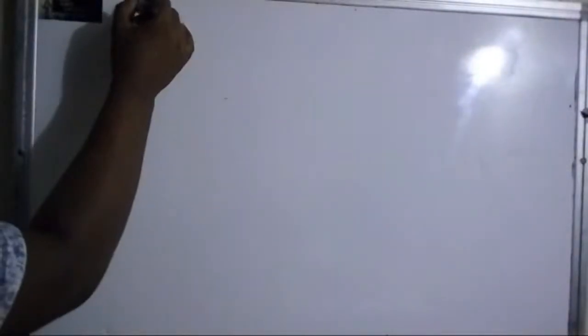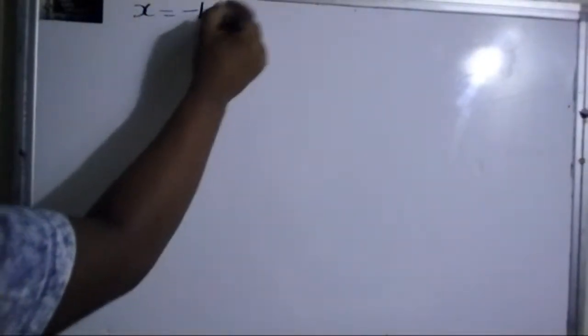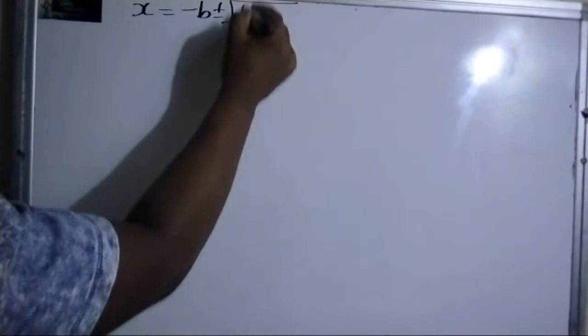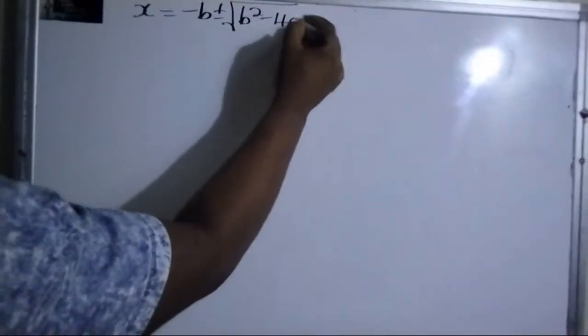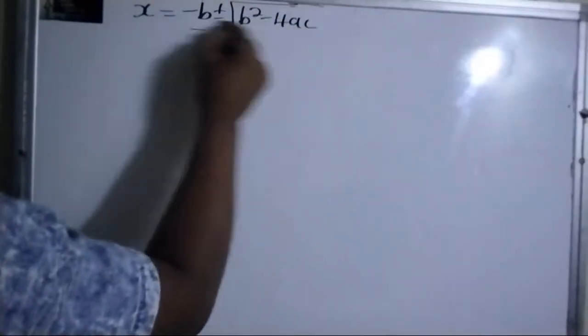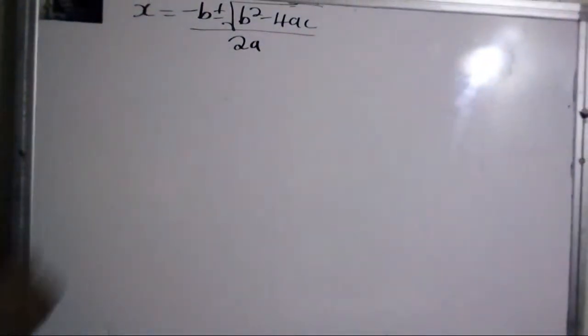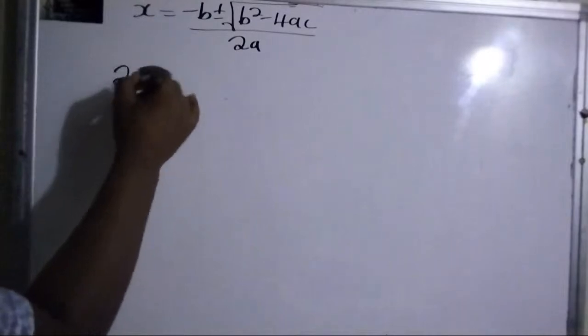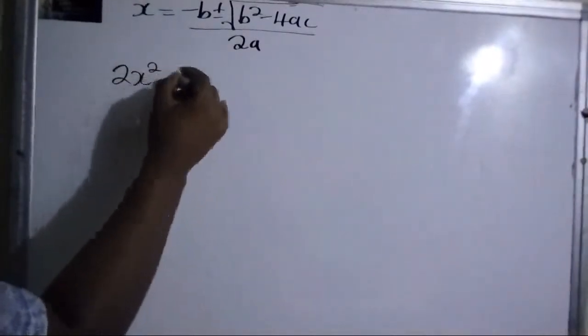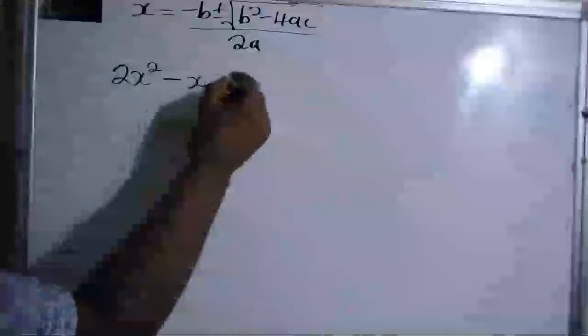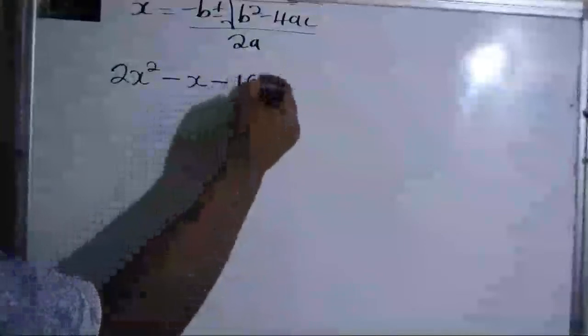So the formula is x equals minus b plus or minus the square root of b squared minus 4ac all divided by 2a. Alright, let's see if we can solve this one. So we have 2x squared minus x minus 15.